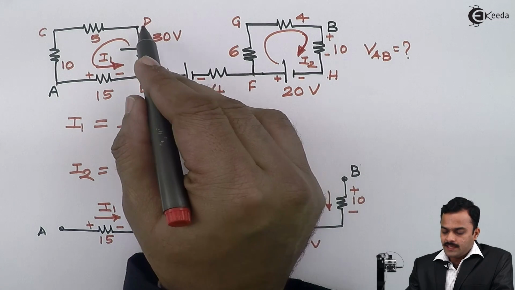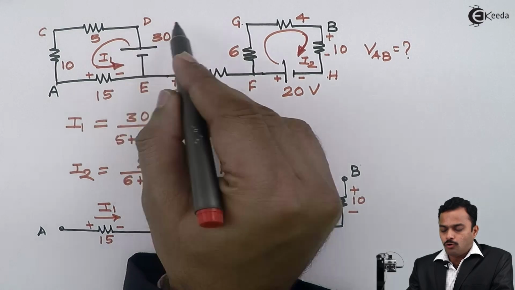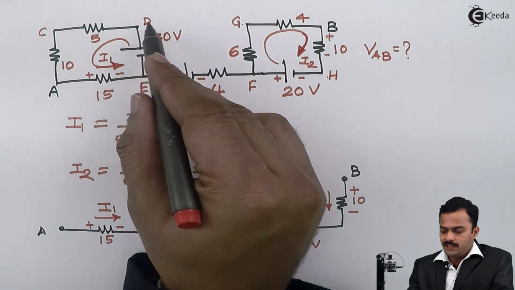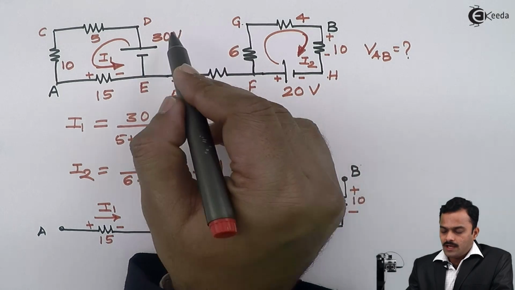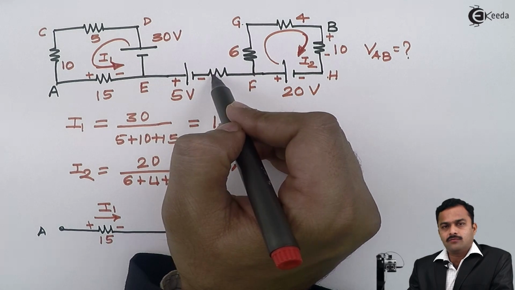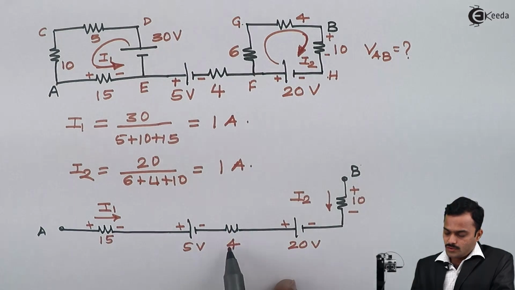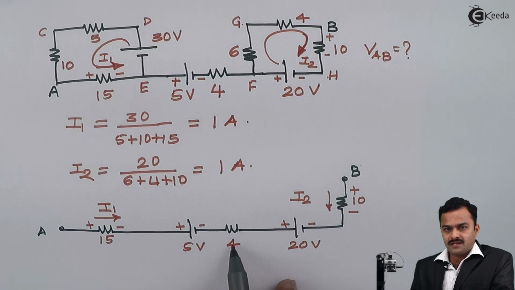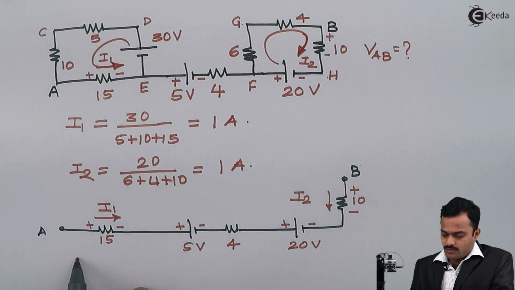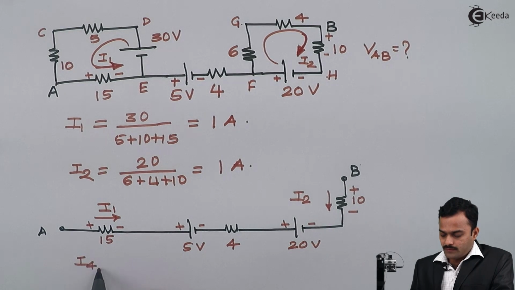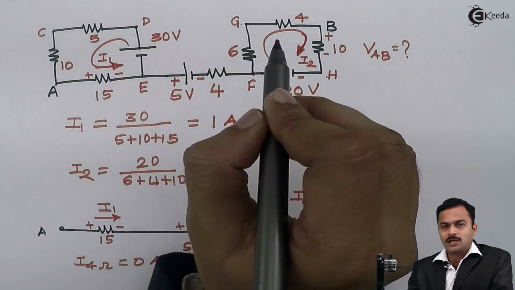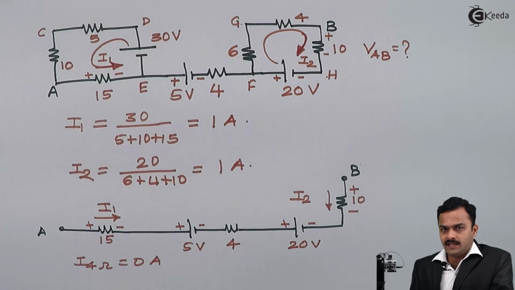But there is an open circuit between points D and G. Therefore, I should not have any current flowing through the 4 ohm. So I'll mention over here, the current flowing through the 4 ohm is 0 because it is not a part of any closed loop circuit having a battery.